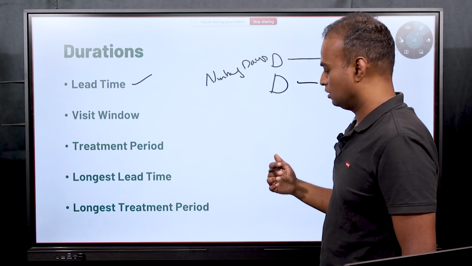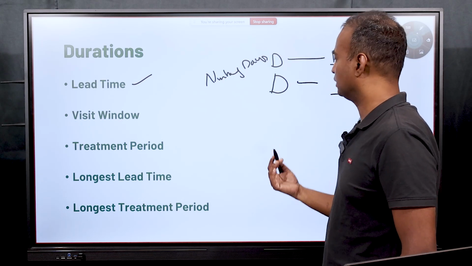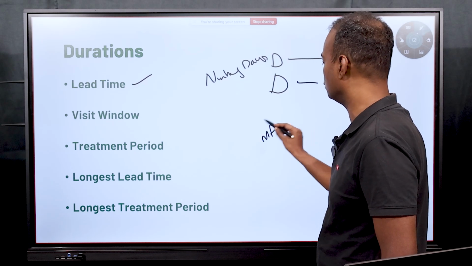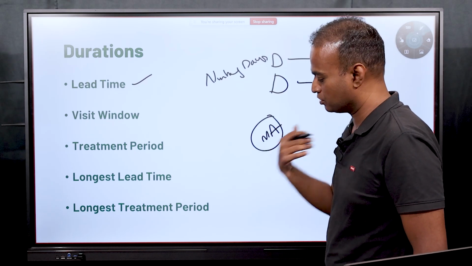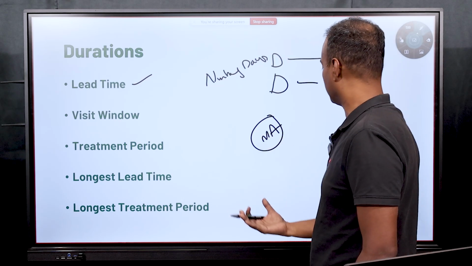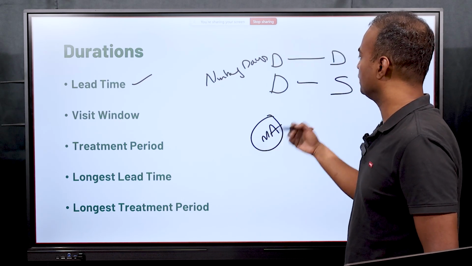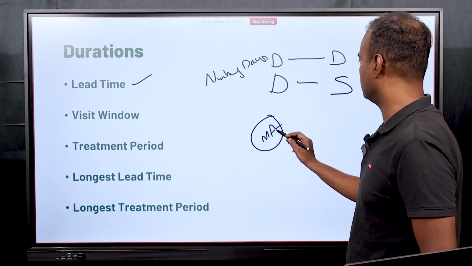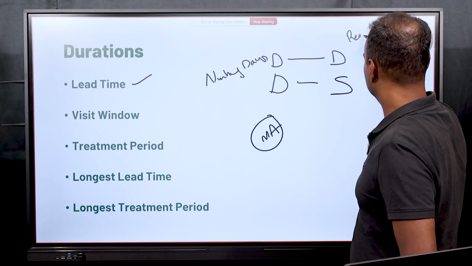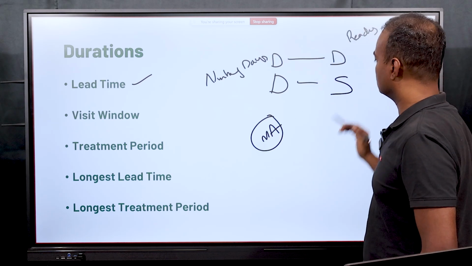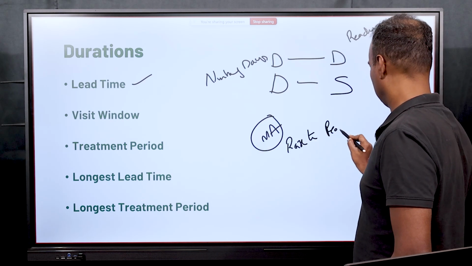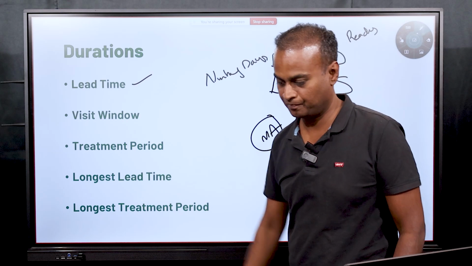From the time the shipment is raised, whether manually or automatically, we consider that as shipment raise. From the time it is raised until the time it reaches the site is known as raise to reach, which is lead time.